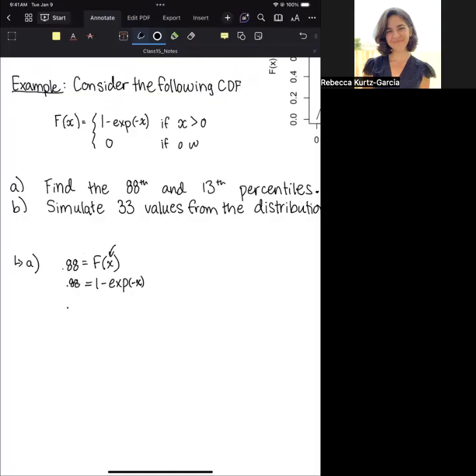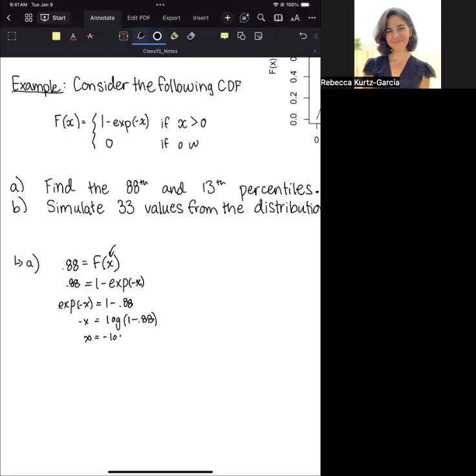So I'm going to do exp of negative x, adding that to both sides, 1 minus 0.88. And then I'm going to take the natural log of both sides. Now, I know some math people might cringe at this, but in stats we denote the natural log as log.